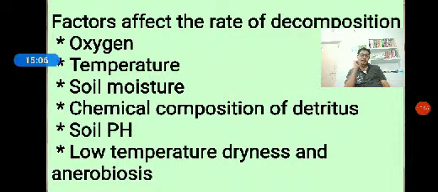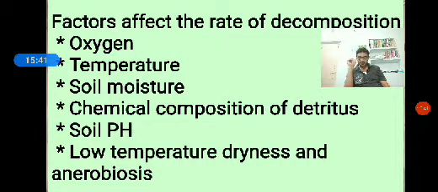Then the next factor is soil pH. The neutral and slightly alkaline pH of the soil increases the rate of decomposition. Neutral or slightly alkaline conditions of soil are helpful for increasing the rate of decomposition.